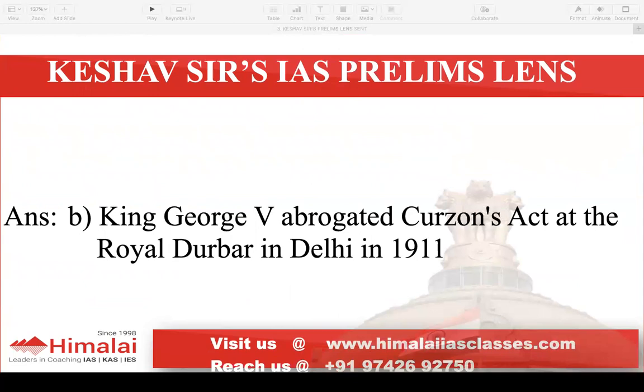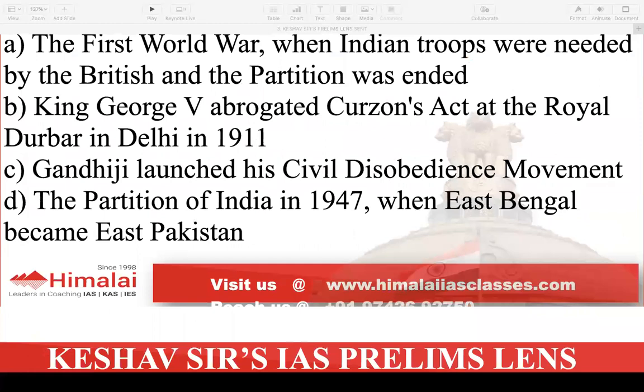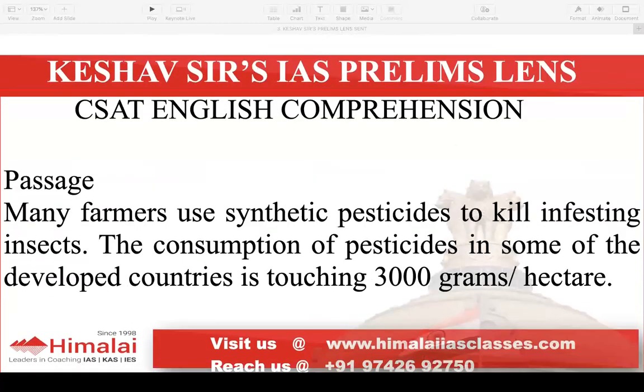The answer is option B. Bengal partition took place, but not as per Lord Curzon's plan, because India clearly came to know it was trying to divide the Hindus and the Muslims. So there was a lot of protest against it. Here we have to know Gandhiji is not yet in India. He comes to India in 1915, when the Gandhian era starts.